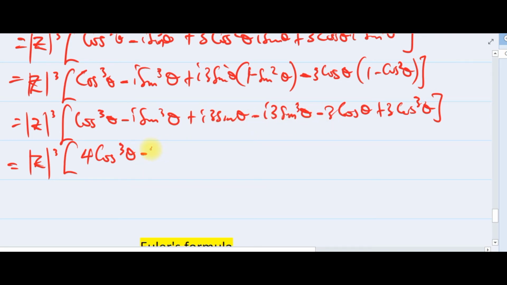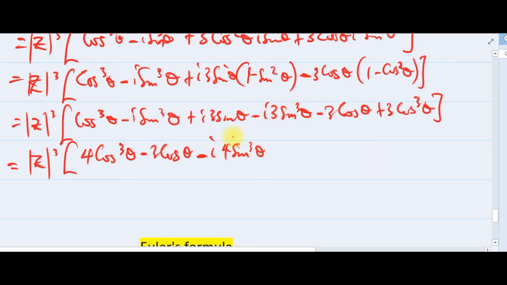Minus 3 cos theta. Now our sine, this is cube, this is cube. Do you see it? Minus i sine cube theta minus i, that's minus 3 sine cube theta i. So we have minus 4 i sine cube theta.